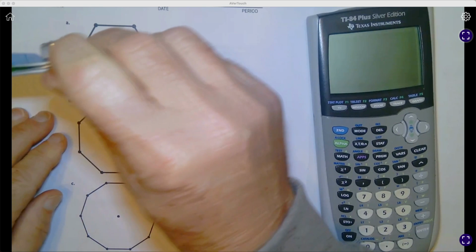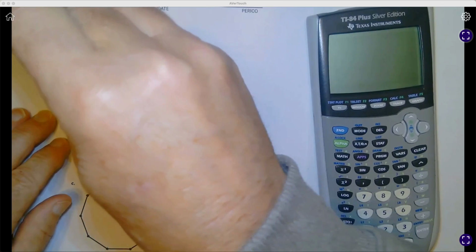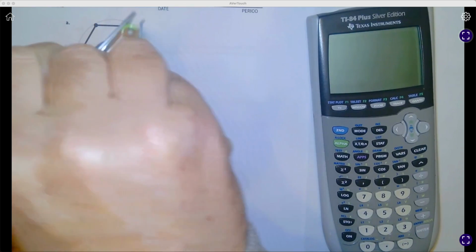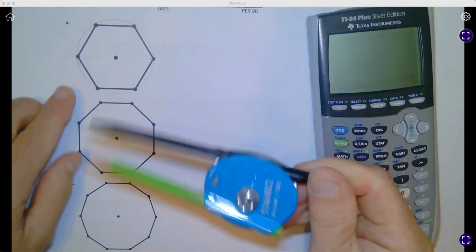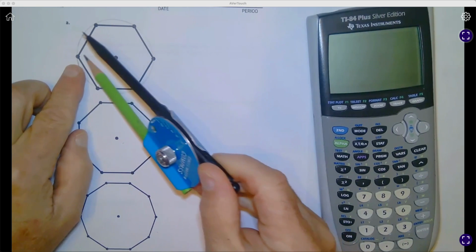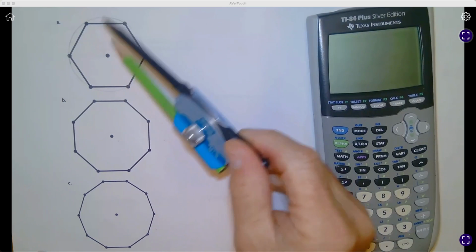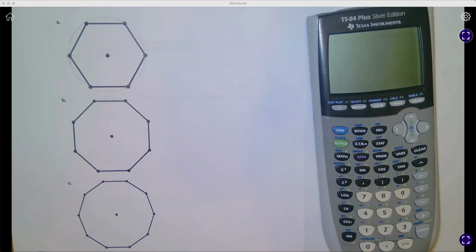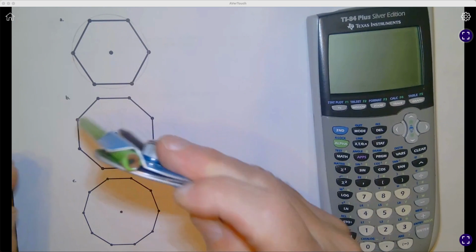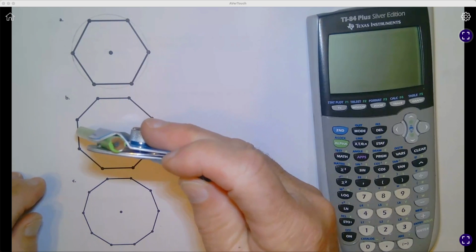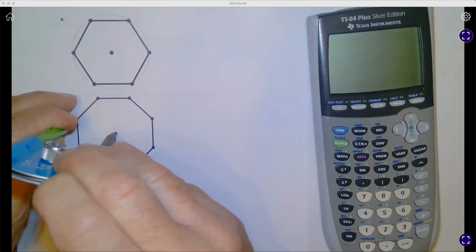And if it's regular, then that circle should go through every vertice, because that radius is the same distance all the way around. And so notice that distance right there is the radius of my circle. And that distance should be the same to every vertice. So that is the circle that connects the vertices of the regular polygon.